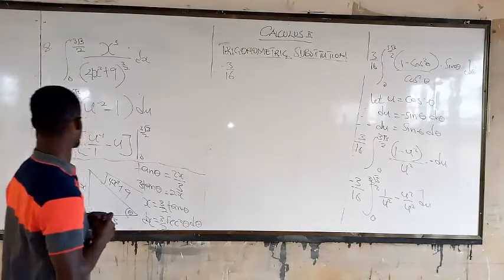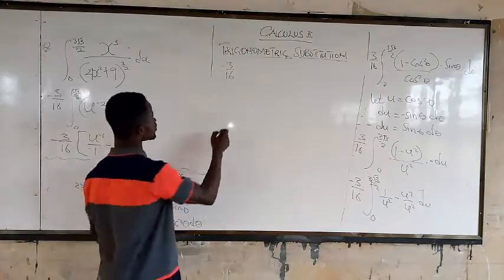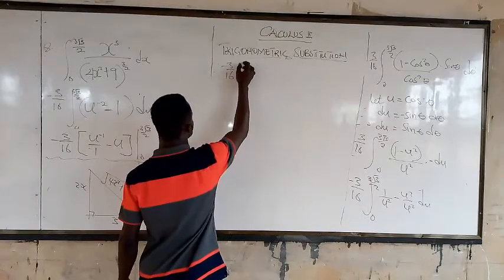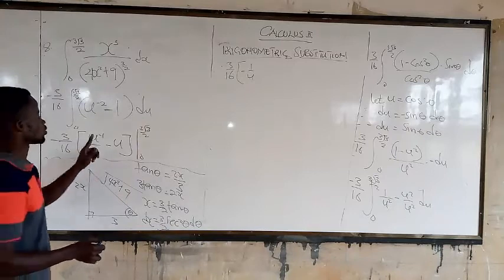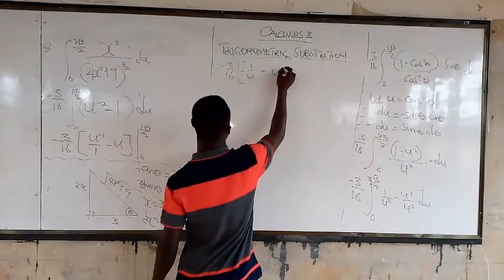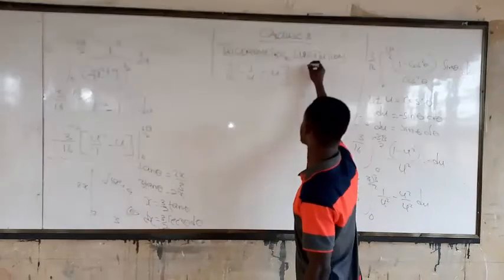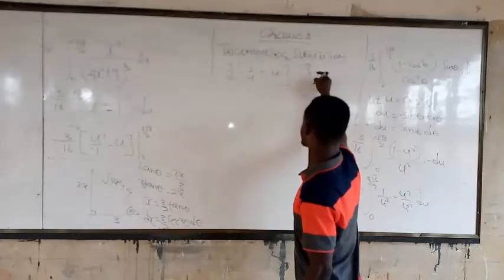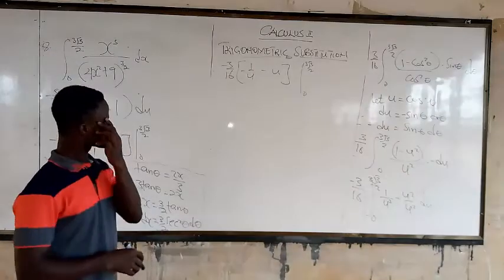Okay. So here we have negative 1 over u minus u. Since we didn't change this, don't go and do the substitution. Now watch.